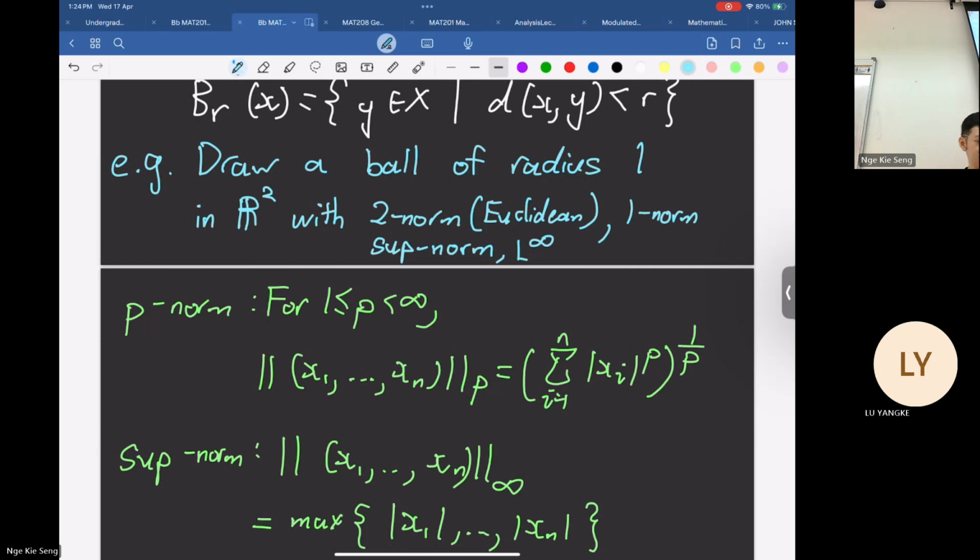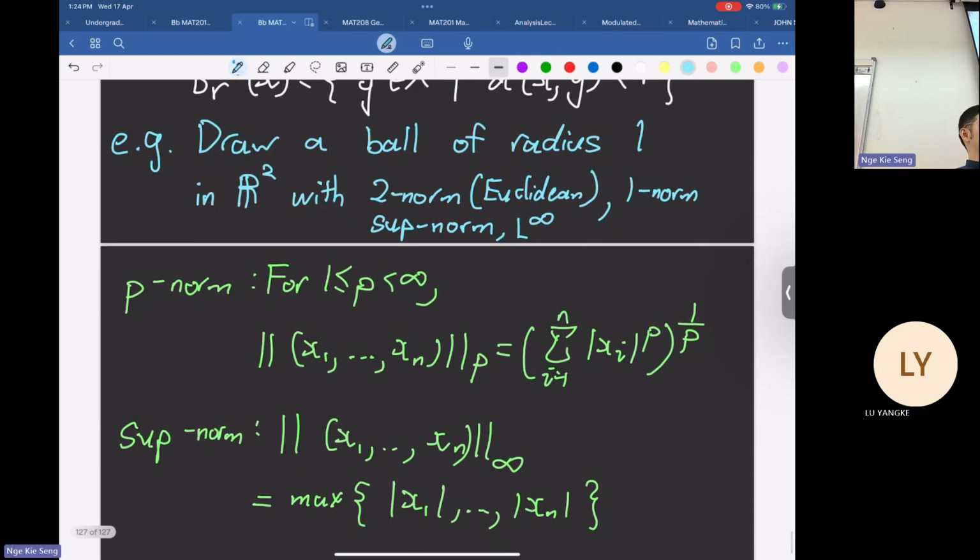Just now we said that when it is the 2 norm, it's the unit circle. Verify it: why is it a unit circle? And then for the rest, write down the equation and draw the picture. I give you until 1:30. Discuss with your friend. I think my calculus 2 students will be reminiscent of this example. Try and draw it.